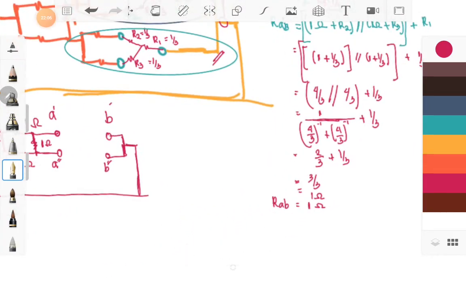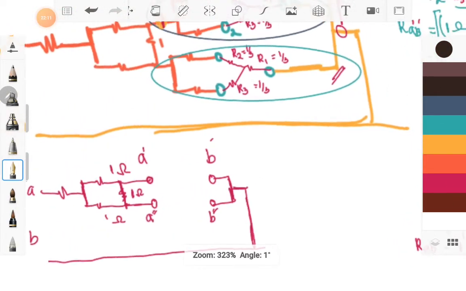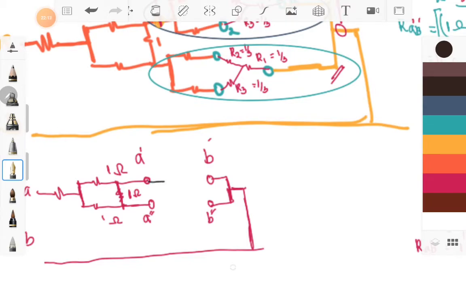So pwede na nating ilagay that your RAB is equal to 1 ohm. So this is our RAB. So ilalagay ko na yung total resistance niya. This is RA prime B prime, which is equal to 1 ohm, which is also equal to your RA prime, RA double prime, and your B double prime, which is equal to 1 ohm.